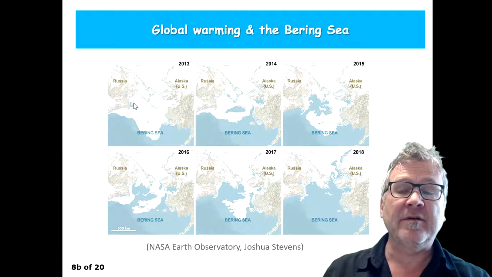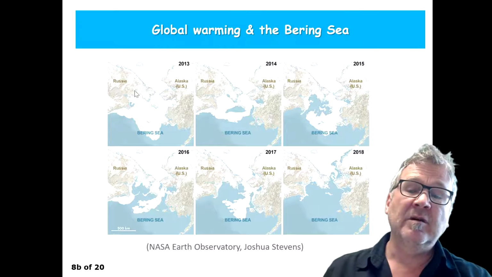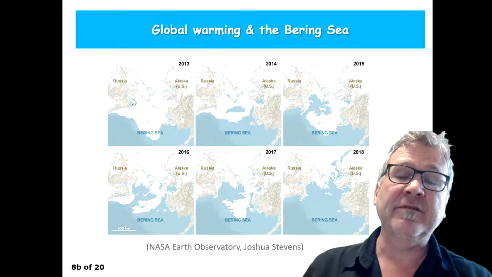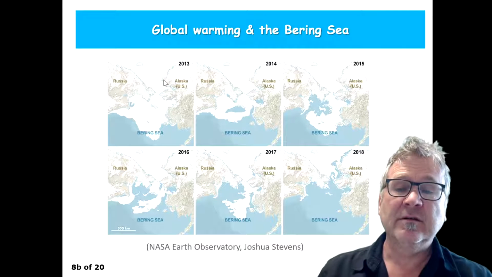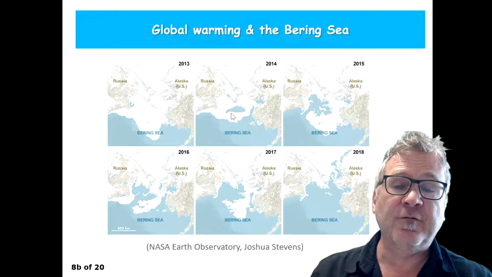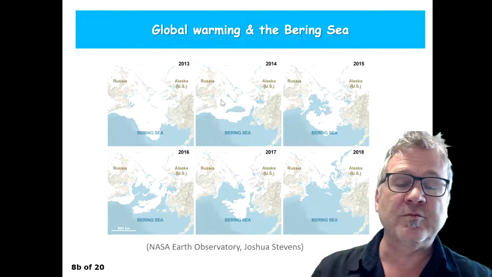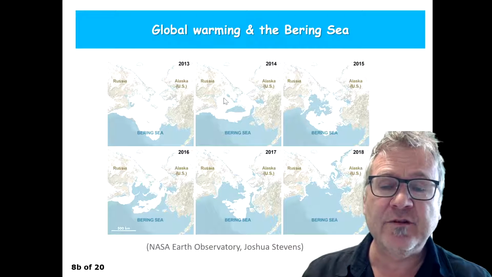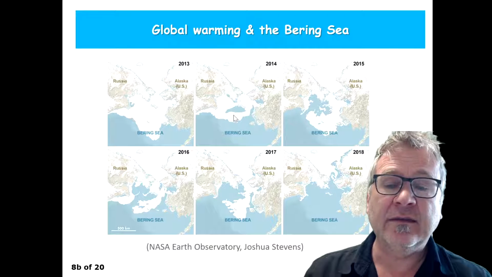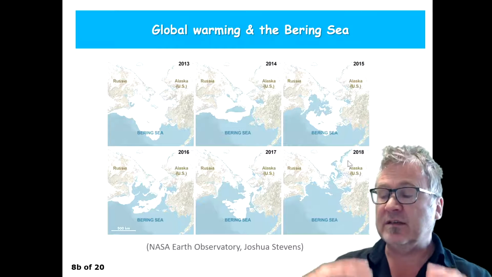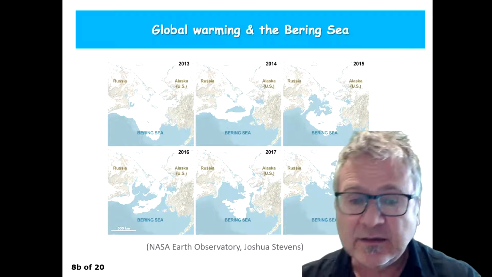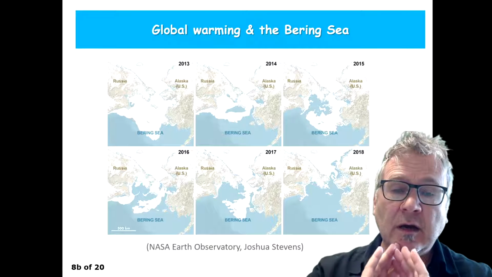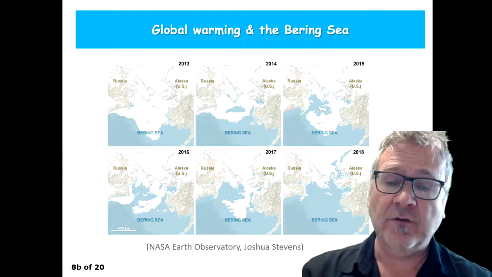You can see the Bering Sea ice coverage was extensive in 2013, reduced in 2014, and there's some region where you have an ice-free region here. And then you can see dramatic changes in 2018, a total lack of sea ice.